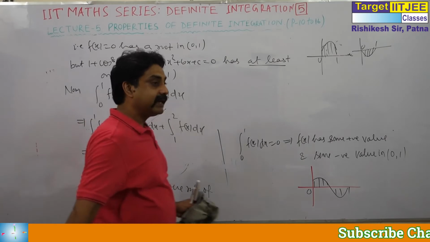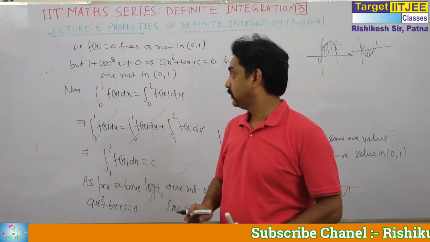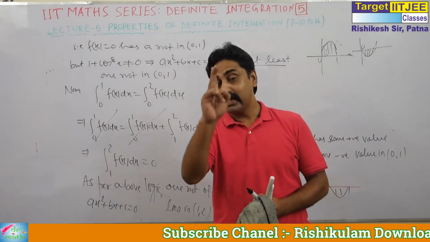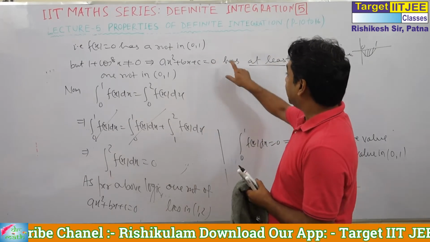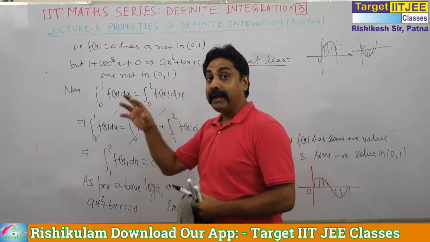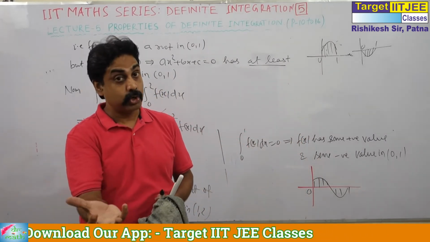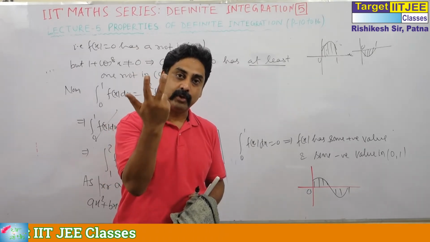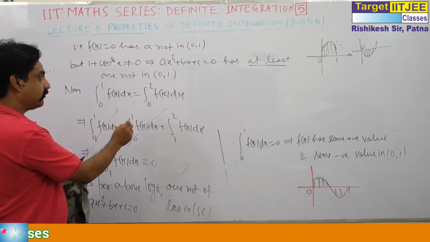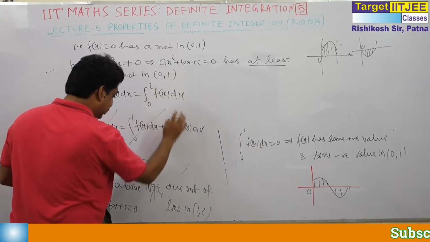Now since a quadratic equation has only two roots, therefore we can say that exactly one root will lie in 0, 1 and the other will be in 1, 2. Since a quadratic has only two roots and we get the position of two roots, one in 0, 1 and another in 1, 2.